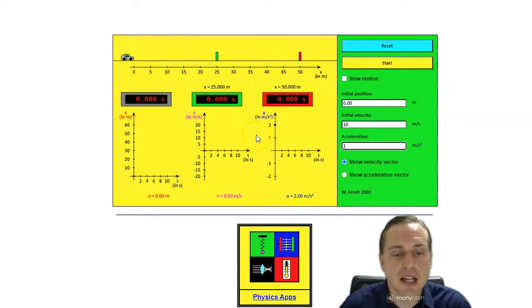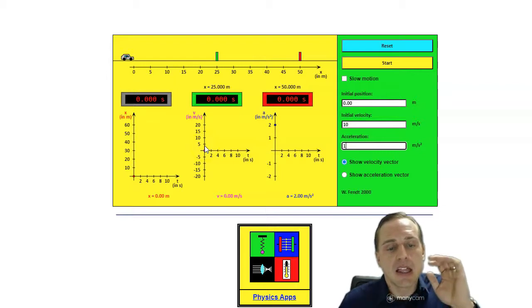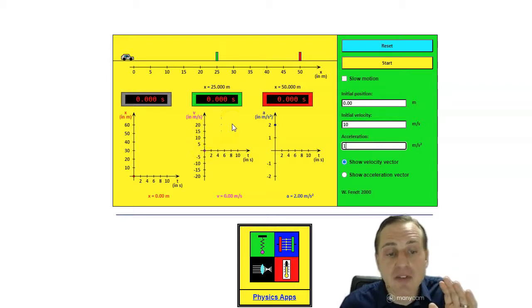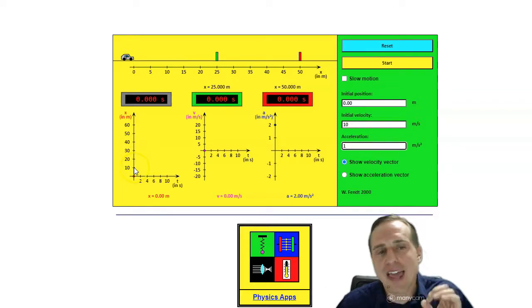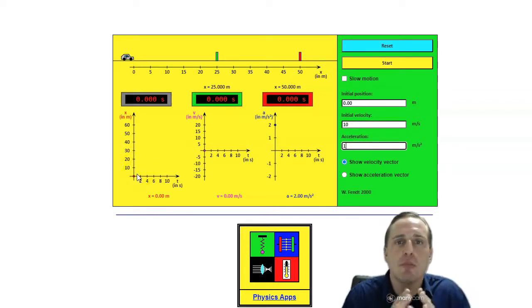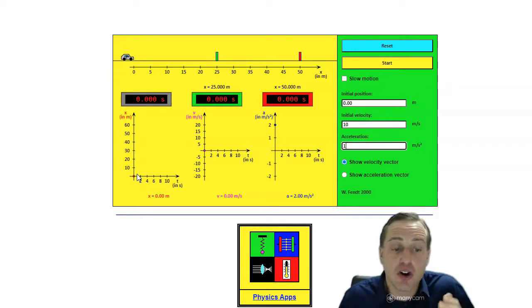Okay, so the acceleration is going to be constant at 1 meter per second squared. The velocity is going to be starting at 10, but have the same slope as the experiment 2 experiments ago.